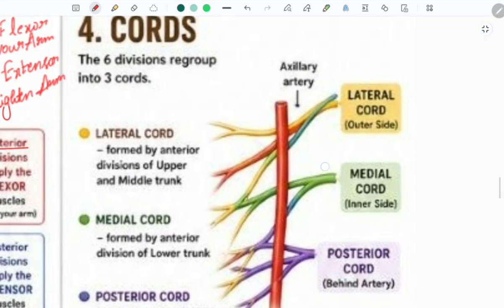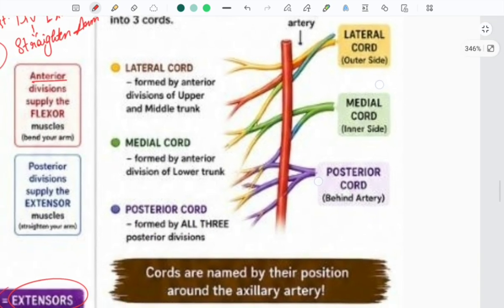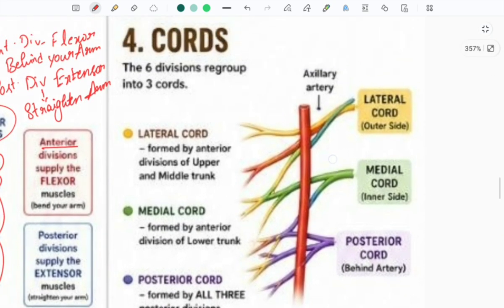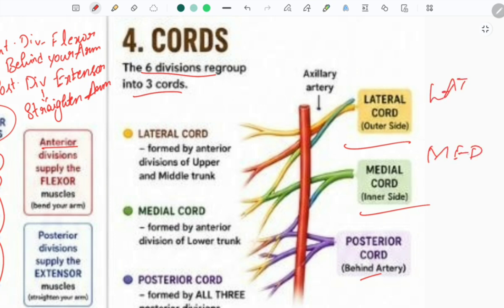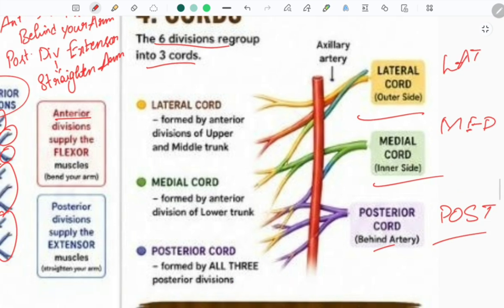Coming to the cords, there will be 3 cords. The 6 divisions are regrouped into 3 cords: lateral, medial and posterior. The lateral cord is formed by the anterior divisions of the upper and middle trunks.